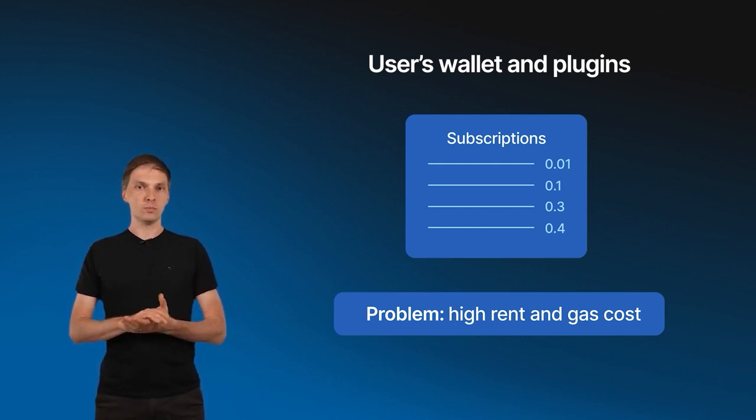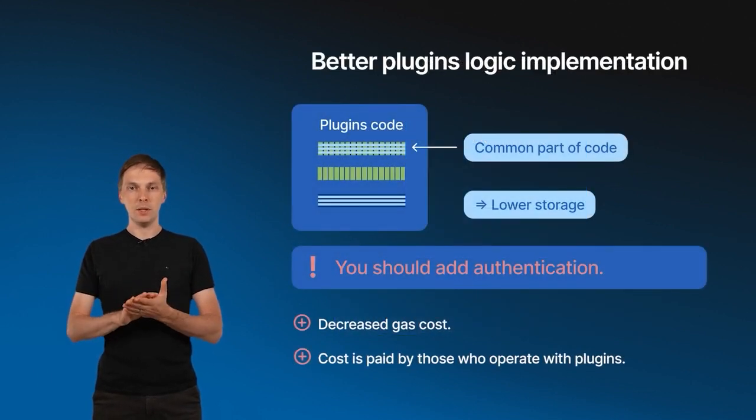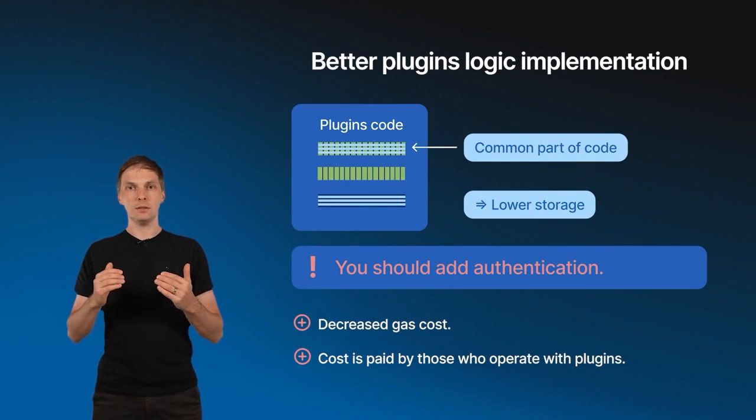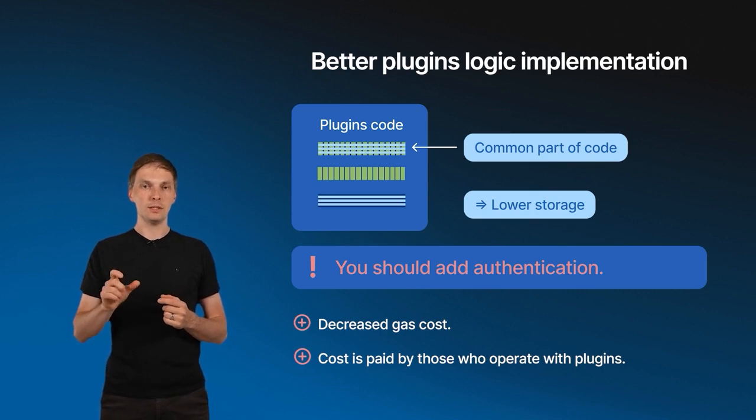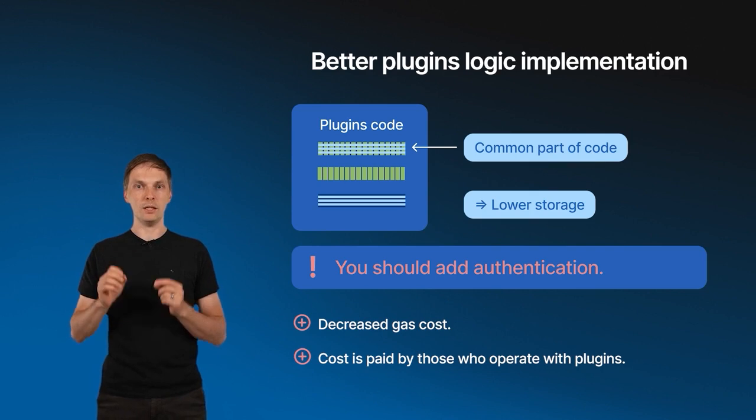Now, what we could do better here? One idea is that instead of listing particular plugin addresses, you could list distinct code implementations of those plugins. And if they share the same code, there would be just one record for any number of subscription plugins that you have.